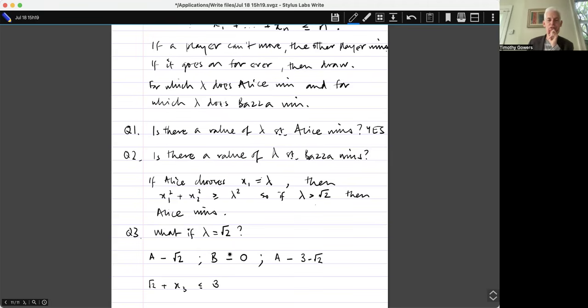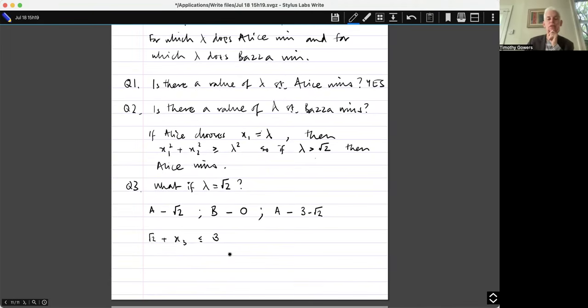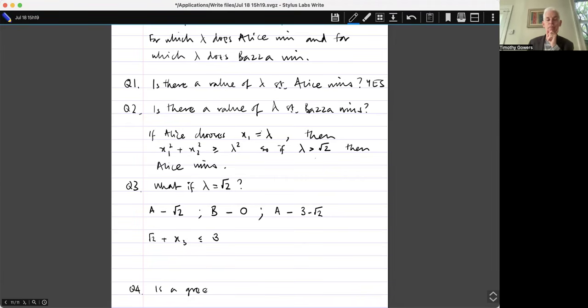Another question that is occurring to me is, so I'm going to put it down here somewhere, is a greedy strategy always best for Alice? I'll explain what I mean by that in just a moment.